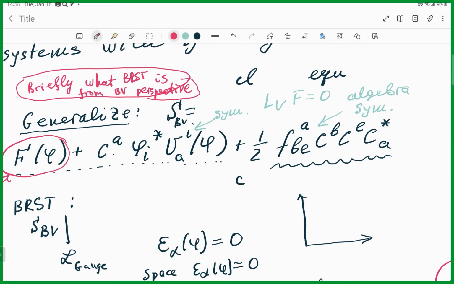You may consider it for gauge symmetry, you may consider it for external symmetry, like flavor symmetry or like supersymmetry.